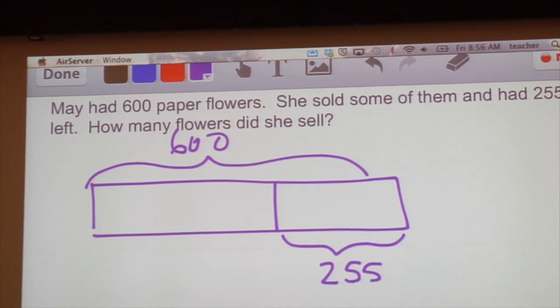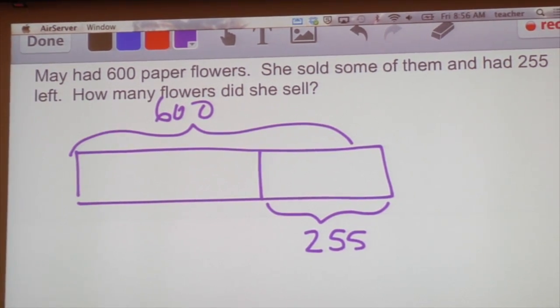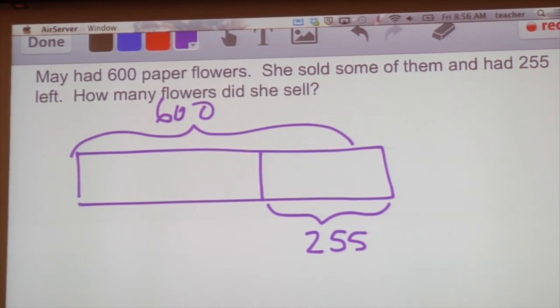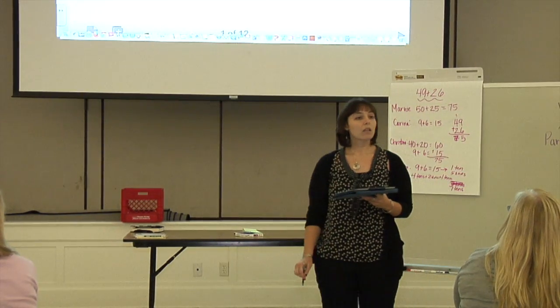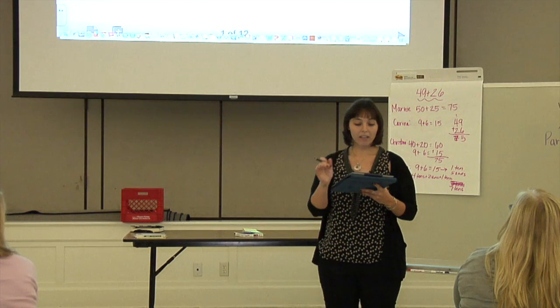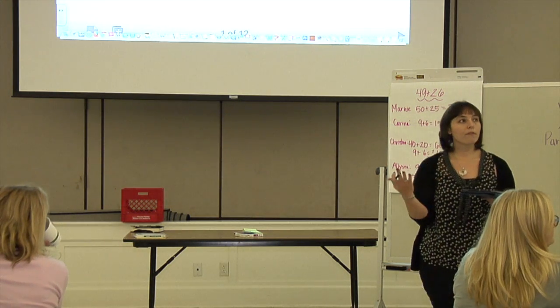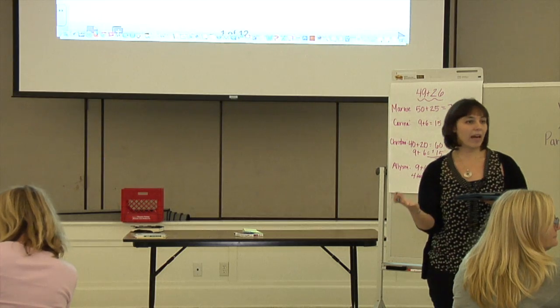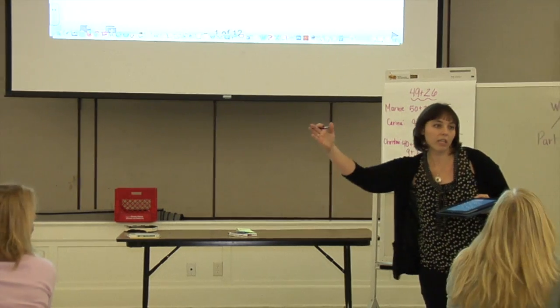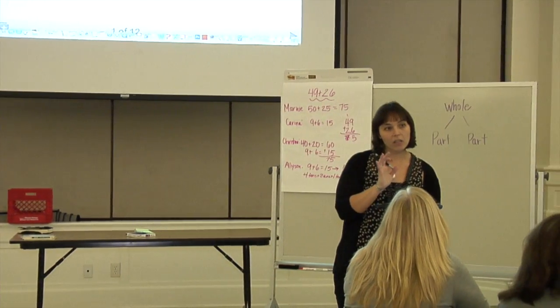Well, that's a little bit less than half. So I'm going to mark off and say that's what she sold. Mm-hmm. And that becomes the conversation of what makes sense in terms of how much we are using. Did she use most of it? Did she use about half of it?